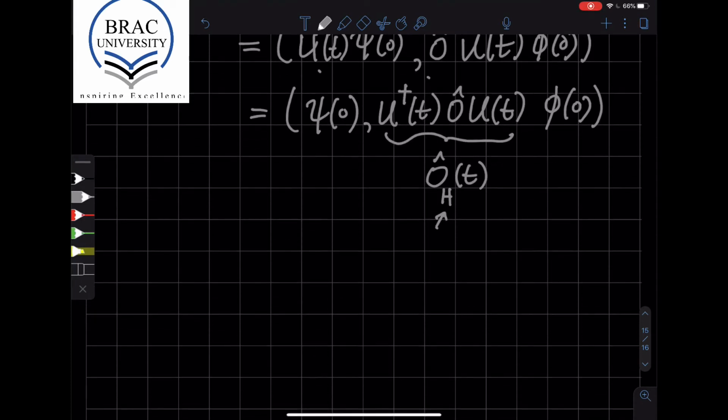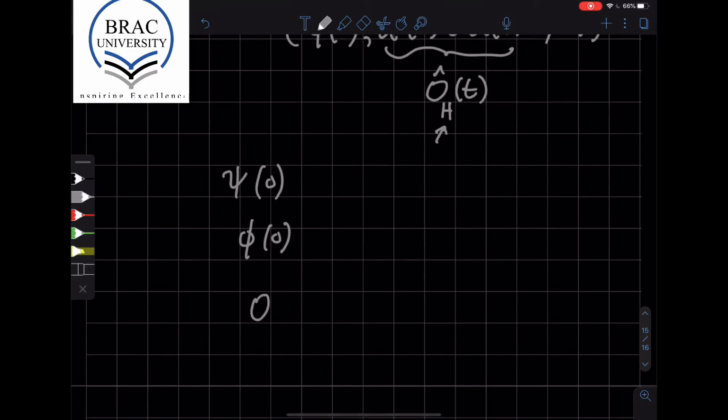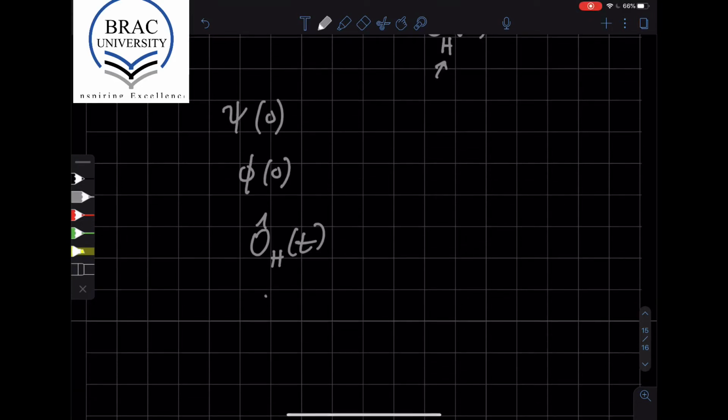stands for Heisenberg. So what we can say is that we can take a formulation of quantum mechanics where we specify all the states at some time, t0 say, but all the dynamics of the theory is given by time-dependent operators, say O, say H, where each of these operators is related to the time-independent operators that we knew in the previous formulation by this relationship.